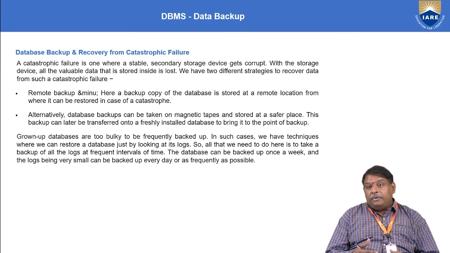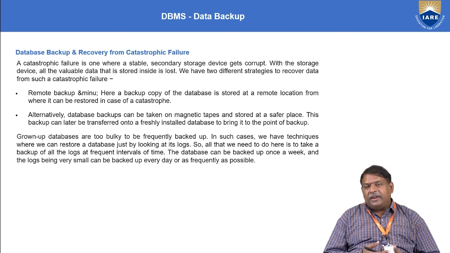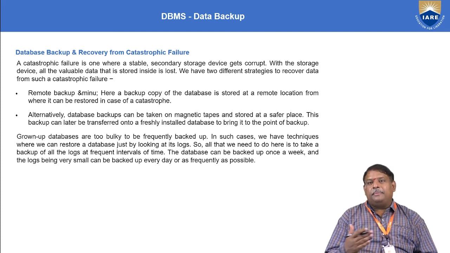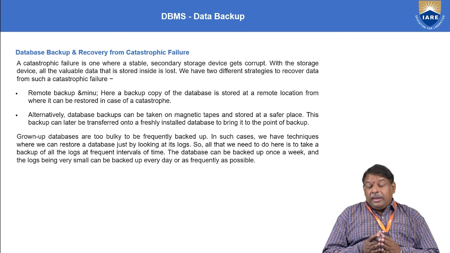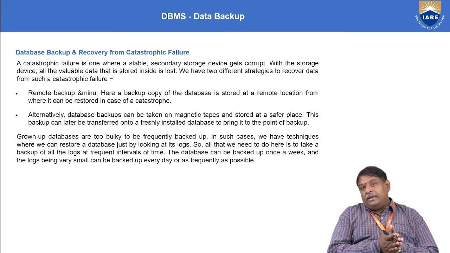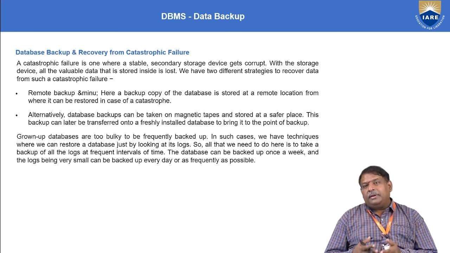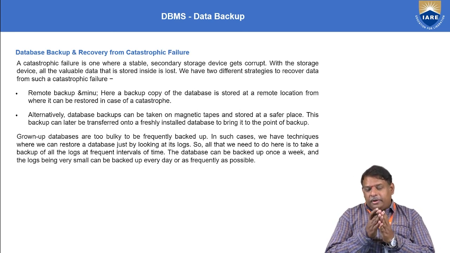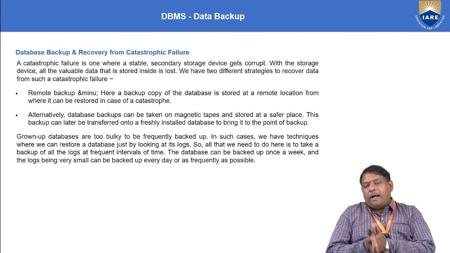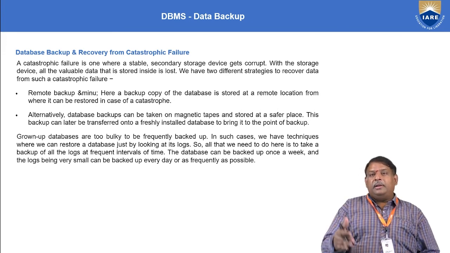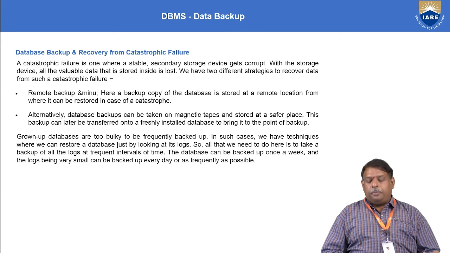Then every day evening or night, Monday, Tuesday up to Saturday, we'll take daily incremental backups by looking at the logs. So even if the database is corrupted, as we have that Sunday full backup and also the daily backups, we can restore the last Sunday backup on a fresh machine. On that, we can apply these incremental backups so that your data is up to date.